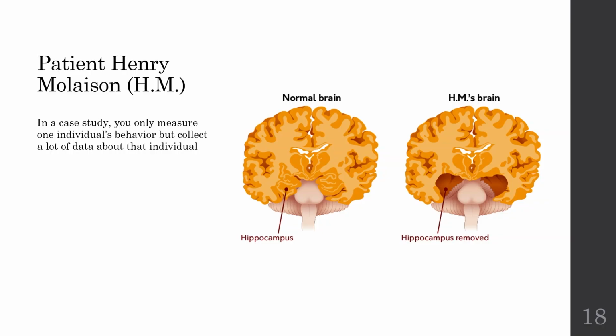And we could see those unique characteristics of HM's brain and the behaviors or the unique outputs that they were exhibiting, and draw that direct link between those two things because of the uniqueness of this one individual case study. And so often what we do is we look at case studies as an initial way to understand what might be happening or what might be explaining what's going on.